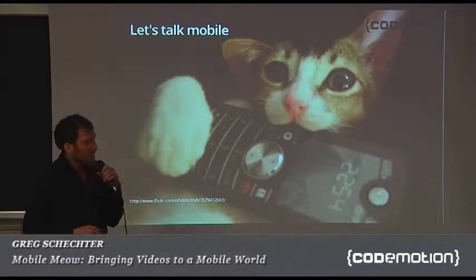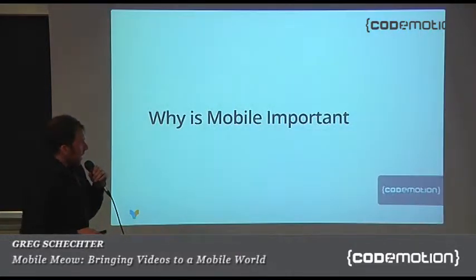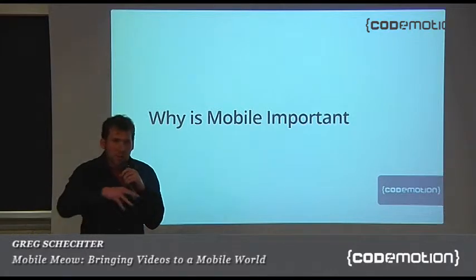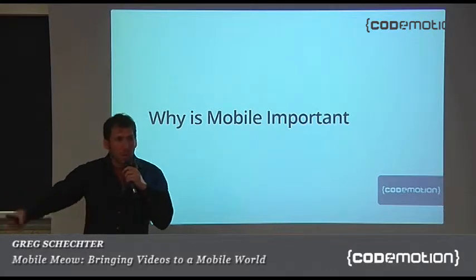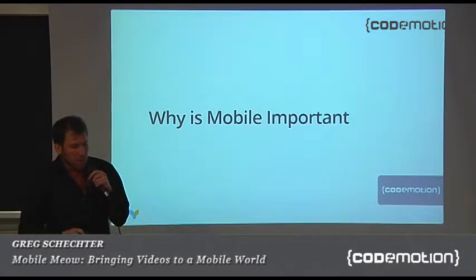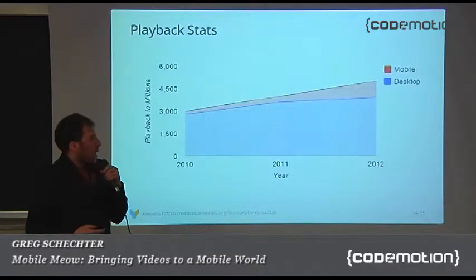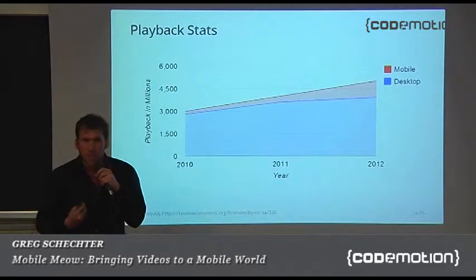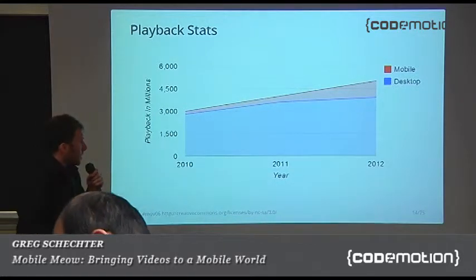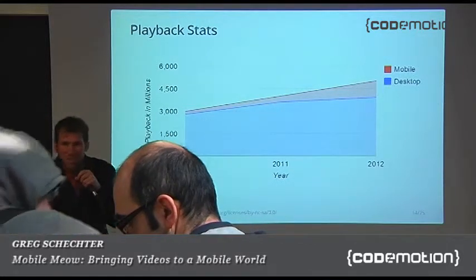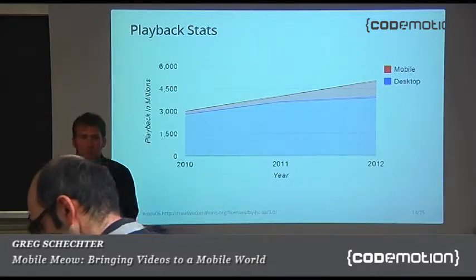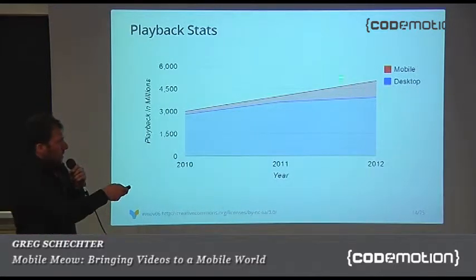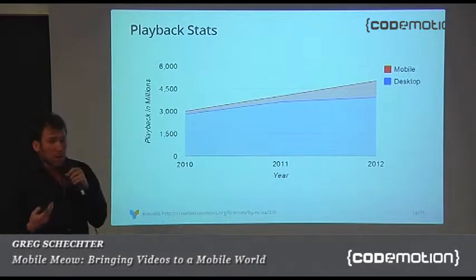Let's talk about mobile a little bit more here. Why is it important? I said that people were developing in these mobile spaces, and I think this graph does a good job of explaining why it's important. A couple of years back, only a tiny bit of people were watching mobile videos, and now it's grown to about 25%.